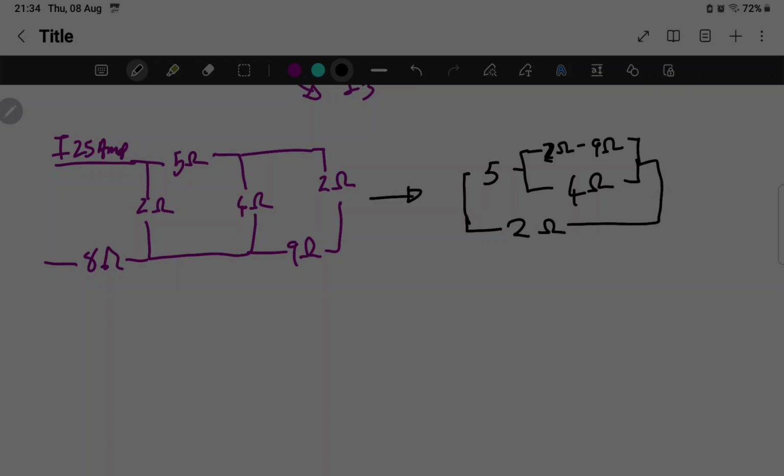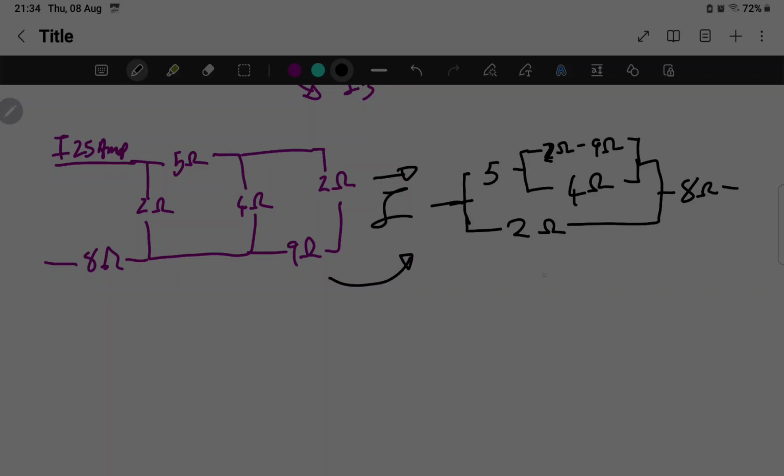And we see that there is an 8 ohms over here, and then we have our current flowing in this side.